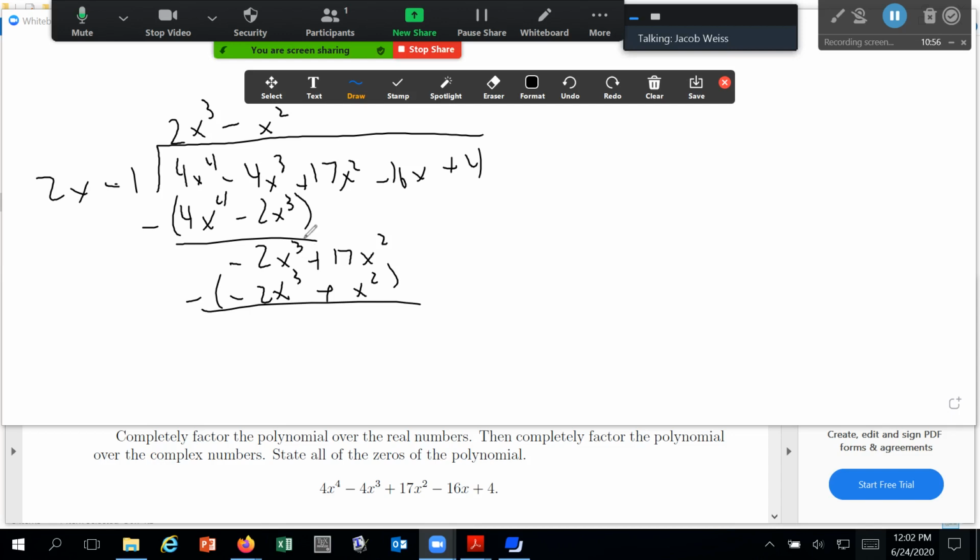Okay, again, negative 2x cubed plus 2x cubed is 0. This is going to give me a 17x squared minus x squared is 16x squared. And then minus 16x if I bring down the next term here, right? Bring that down too. Okay. So now I need a 16x squared. I have 2x, so I have to multiply by 8x.